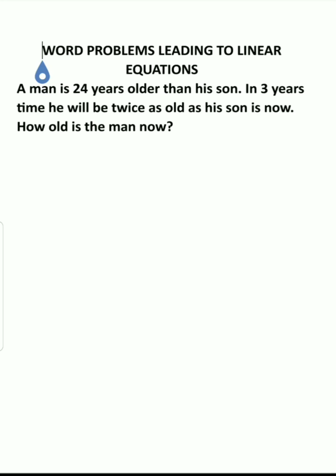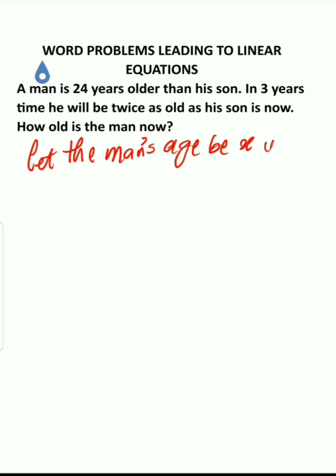That's the problem. So it's good to start by representing the man's age. Let the man's age be X years. We've been told that a man is 24 years older than his son. That is, the man's age is 24 more than the son's age.